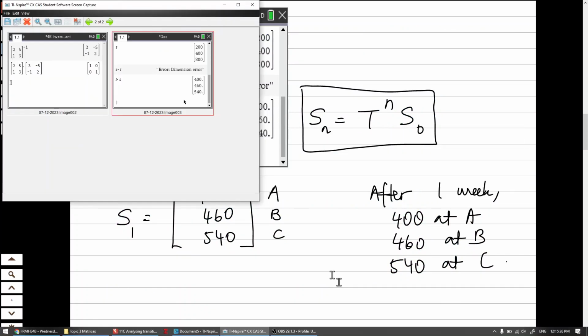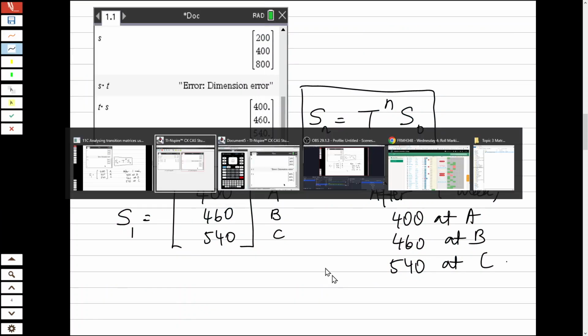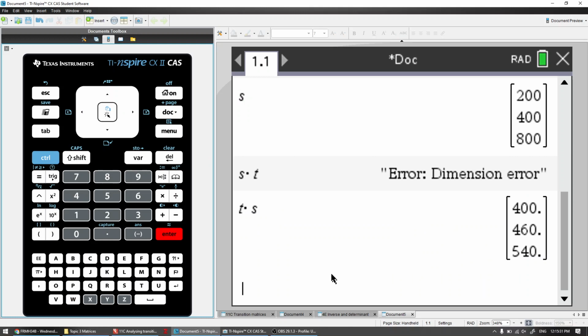So I need to explain the long term to you because that's new. Right now we found the number of people in each restaurant after 1 week. And now I'm asking for after 7 weeks. So if you've been paying attention, you should know what to do at this point.